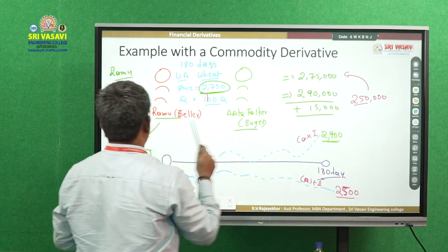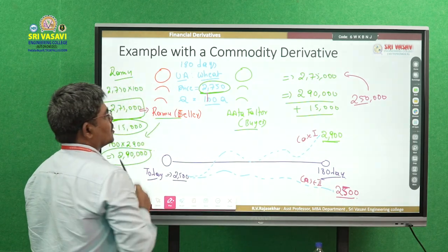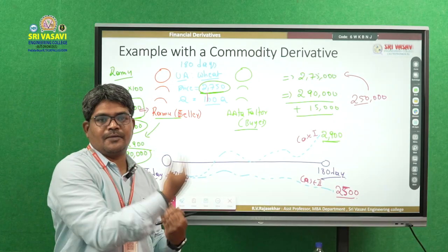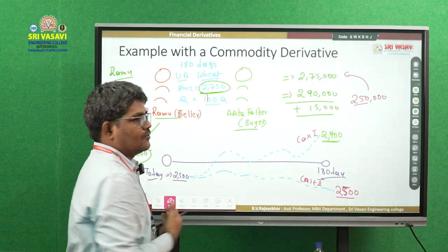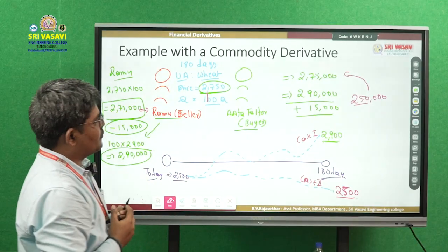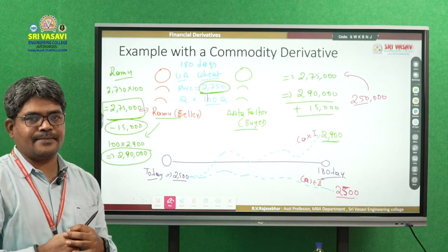It may be positive or negative: if positive for one end, it may be negative for the counterparty. That's why you need to understand that your profit becomes my loss, and my loss becomes your profit, on the day of expiration, on the maturity date. This is a simple way of understanding a contract using wheat as an example.